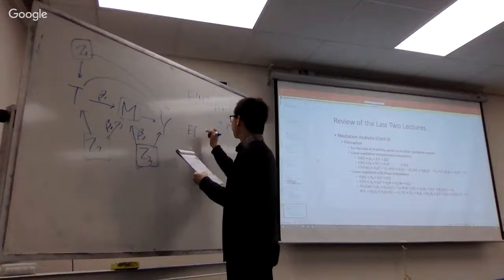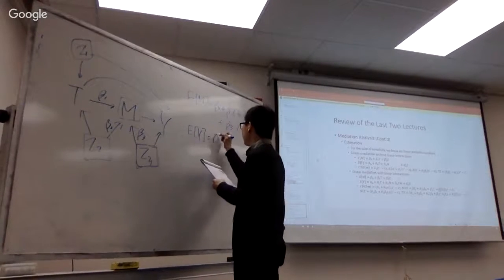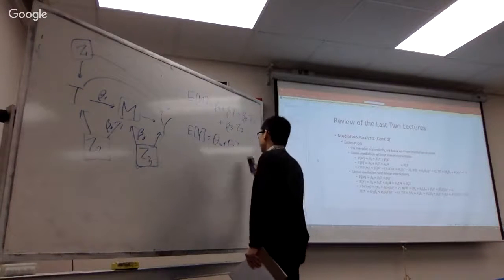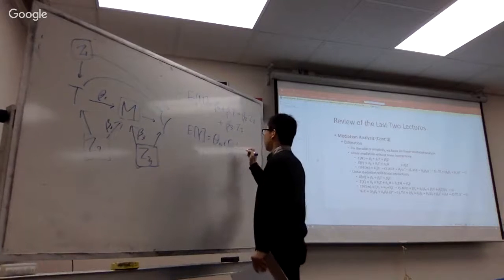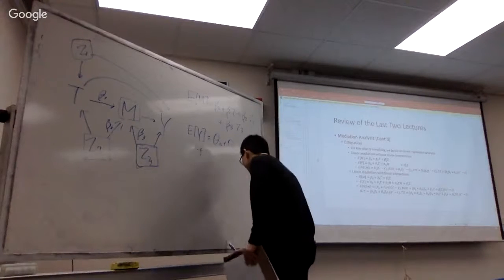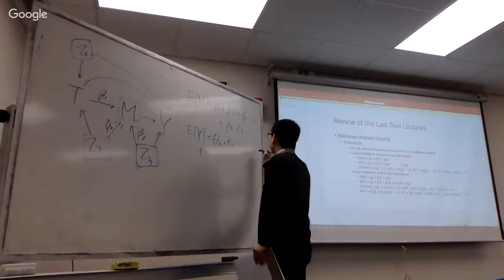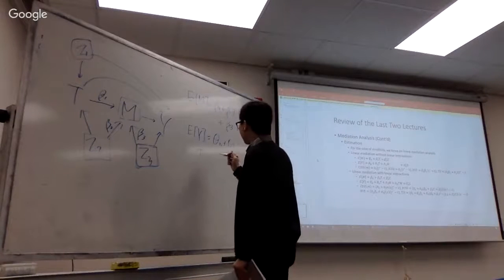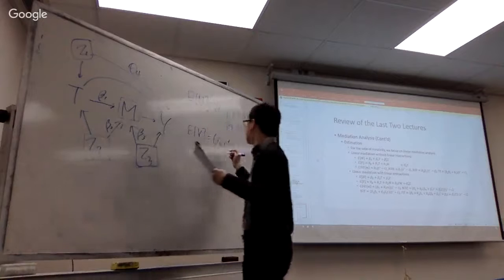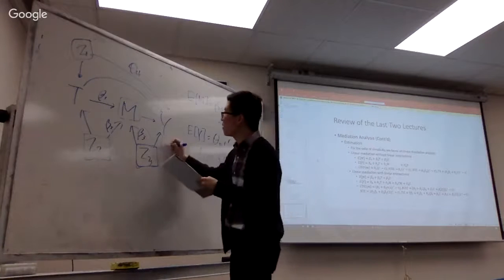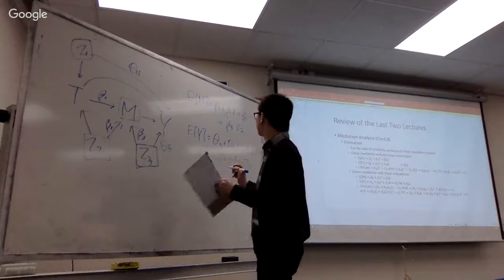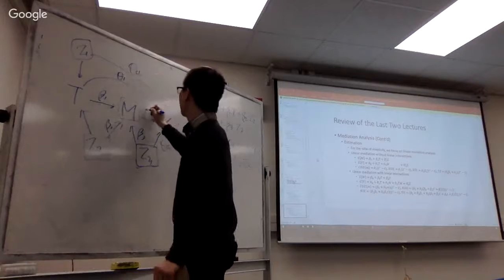And then Y is theta 0 plus theta 1 T plus theta 2 M, and then theta 4 Z1 and theta 5 Z3.